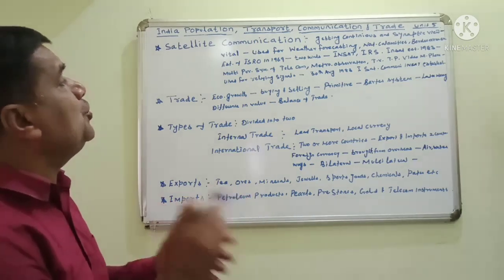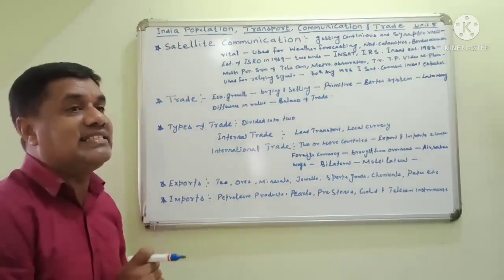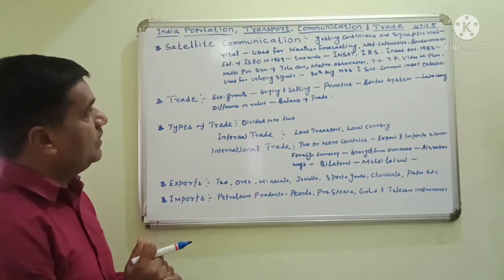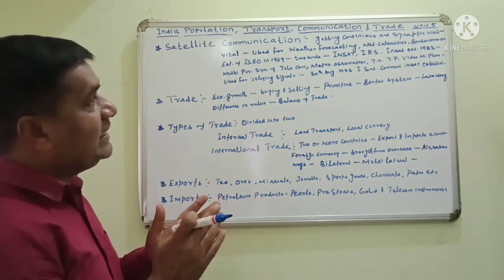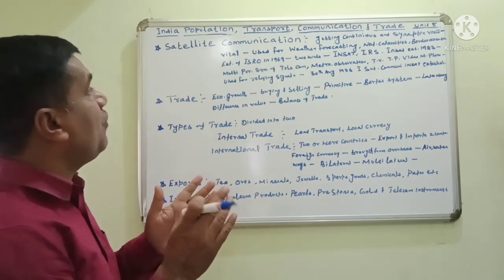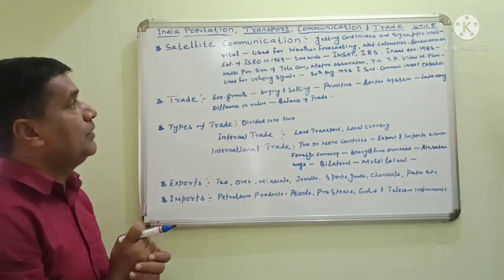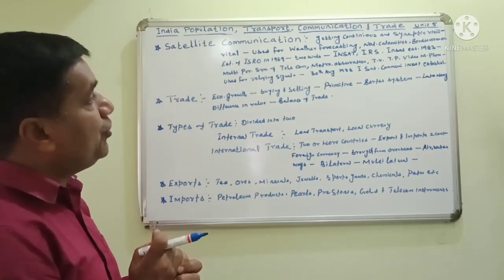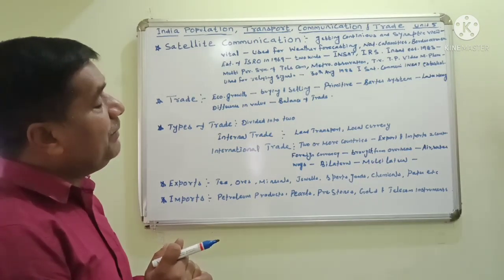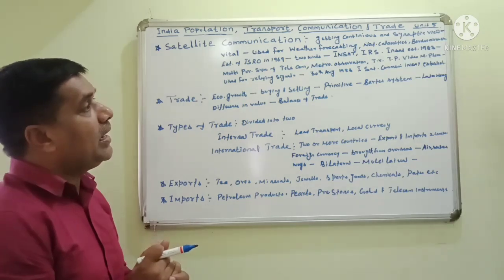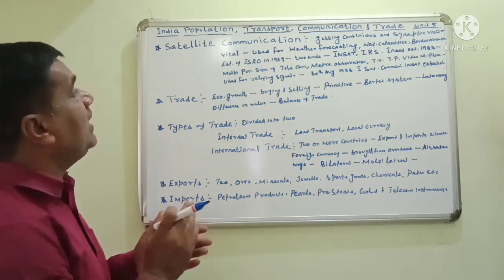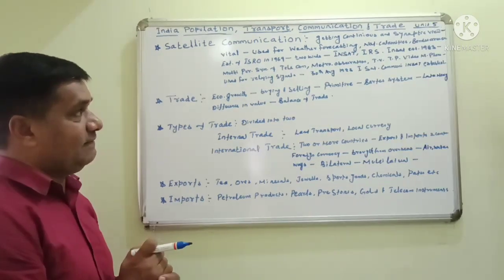These are all used for relaying signals through satellite communication. INSAT established in 1983, used for multi-purpose telecommunication, meteorological observation, television, telephone, video, mobile phone. These are all used for relaying signals.